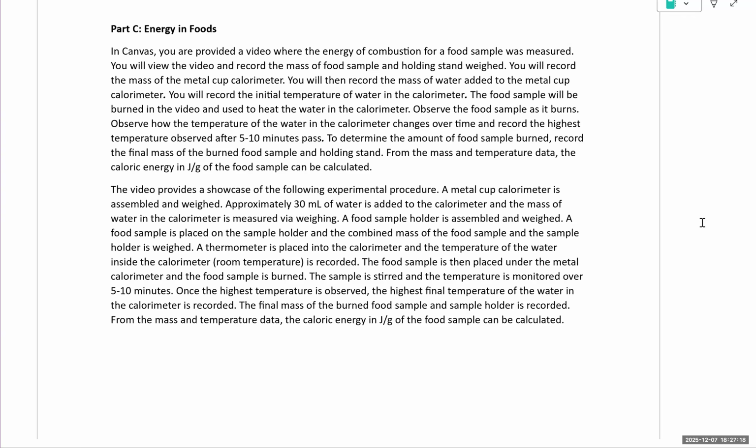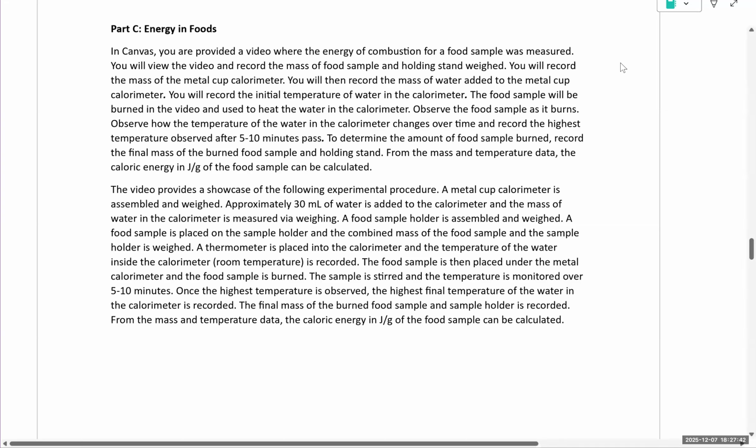What's happening is that the food sample has chemical bonds, and by reacting it, we can produce energy. We're going to measure the energy in a food sample by just burning it and measuring the heat generated as we burn that food sample.